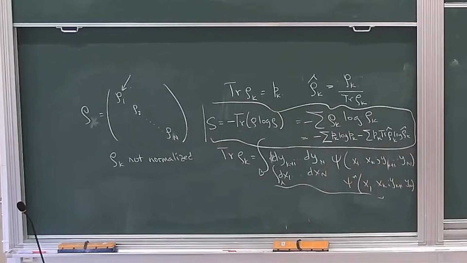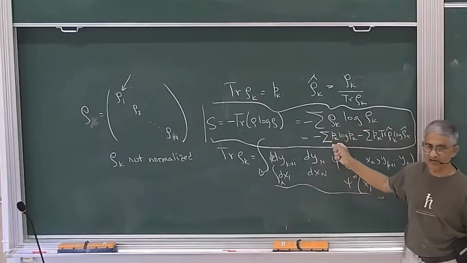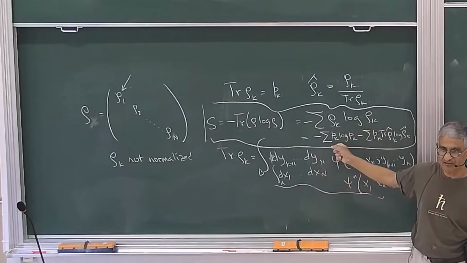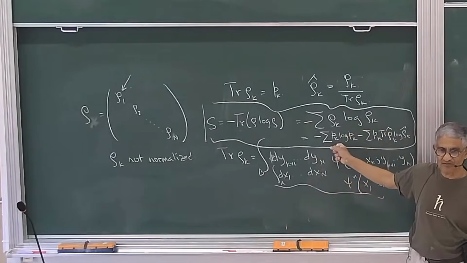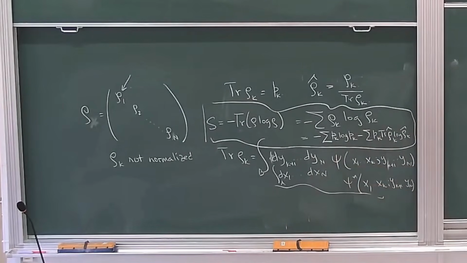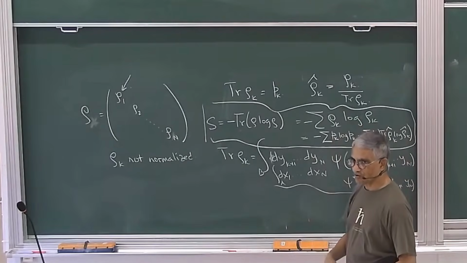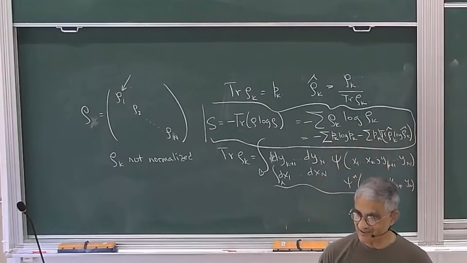This entropy has two pieces to it. The first piece is a classical piece called the Shannon entropy. It just calculates for you the entropy associated with a certain probability distribution, which is given by this p_k. The second part is what in the literature is called a distillable entanglement.